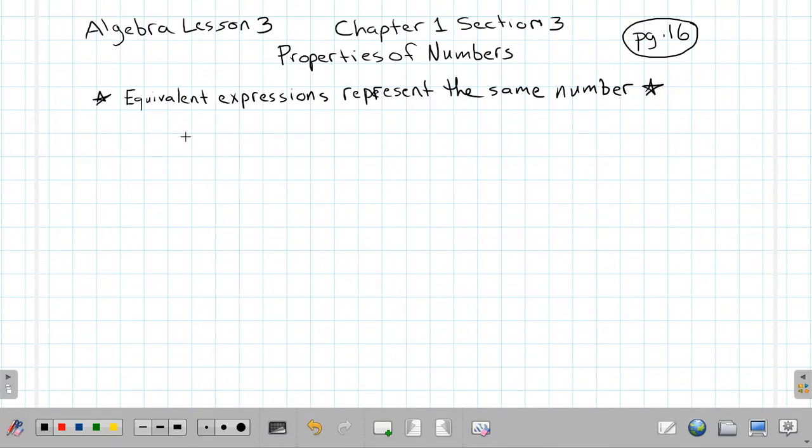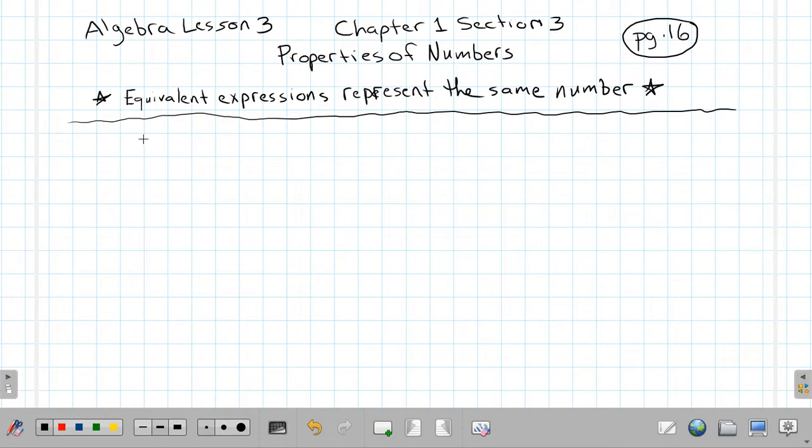So to start off the notes here, okay, the actual notes, so let me draw a little line here to separate, because now we're going to actually get into the properties here, okay? So the first properties we're going to talk about are the properties of equality.